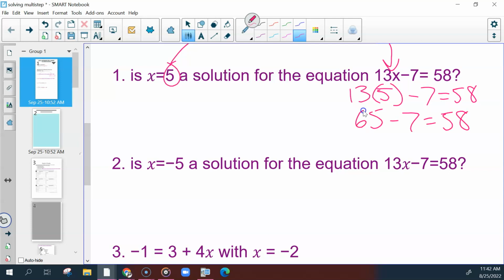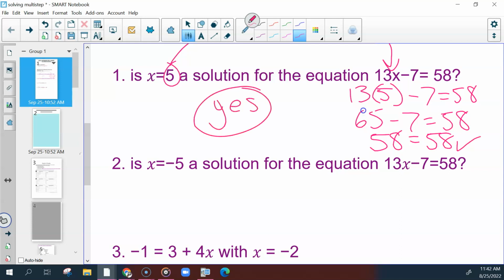If we subtracted 7, would we get 58? Yes. So then this is a true statement. 58 equals 58. Because this is a true statement, we can say, yes, this is a solution.